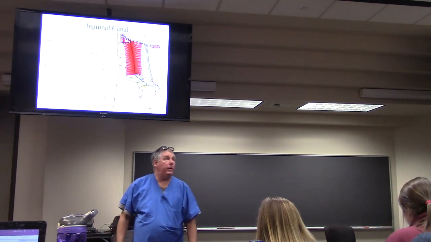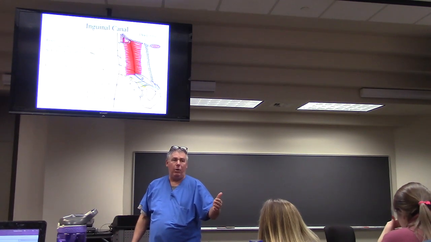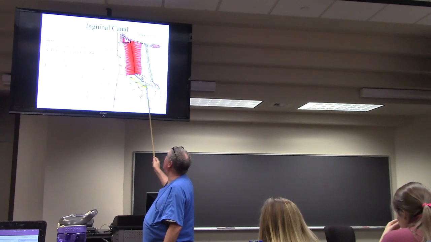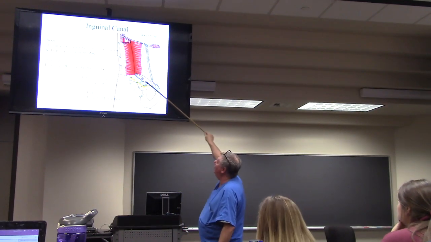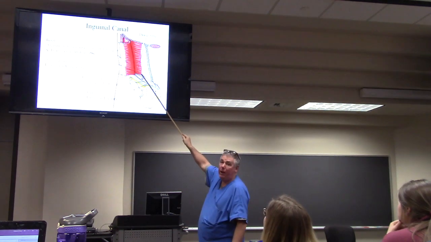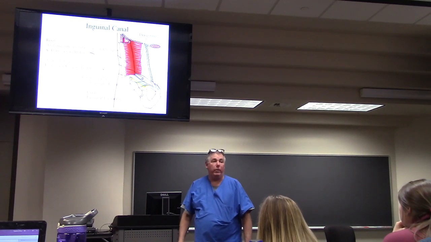Now we're going to take off the external abdominal oblique aponeurosis and open up the canal. There's the aponeurosis. Now we're looking inside the canal. There's the deep ring up here. This is where they came through the body wall. That thing right there is the spermatic cord.